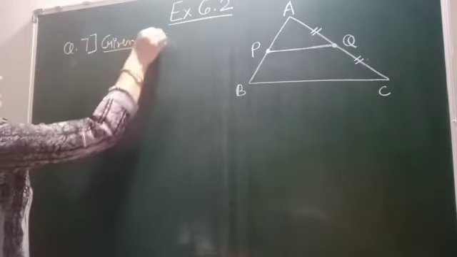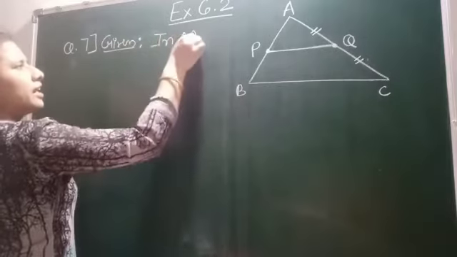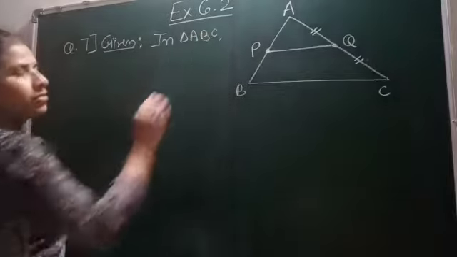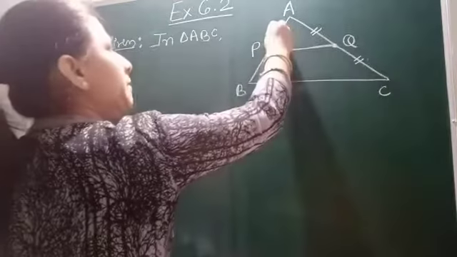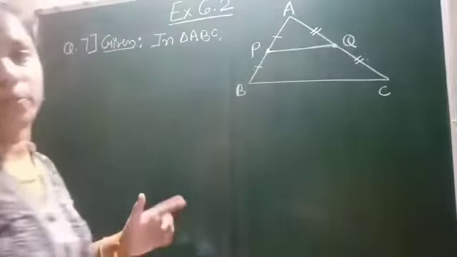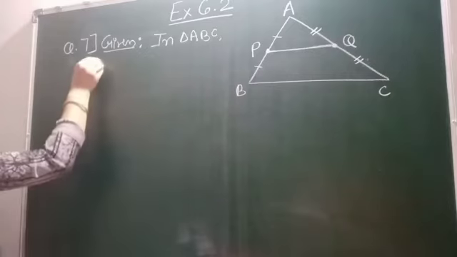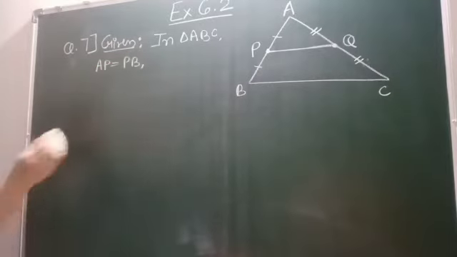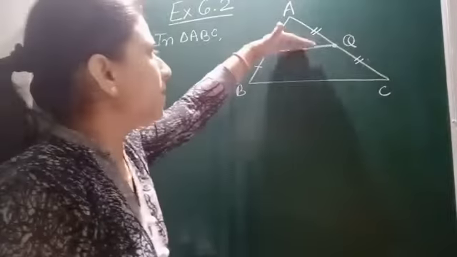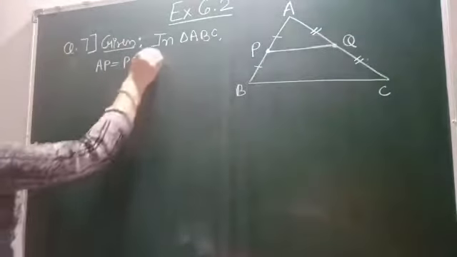What is given that in triangle ABC, first we will write this P is the midpoint of AB. It means AP is equal to BP. Second, what is given that PQ is parallel to BC.